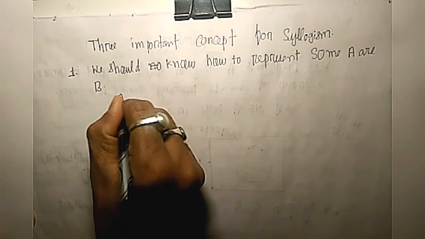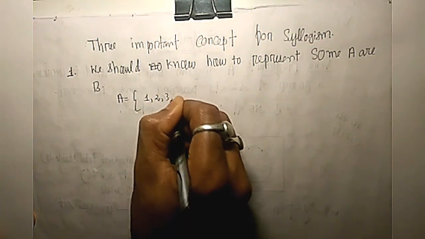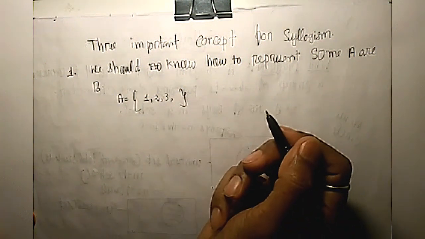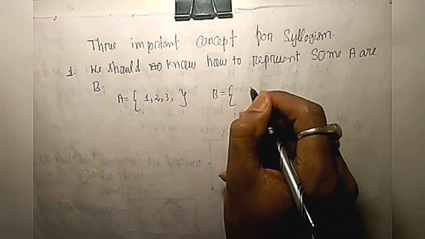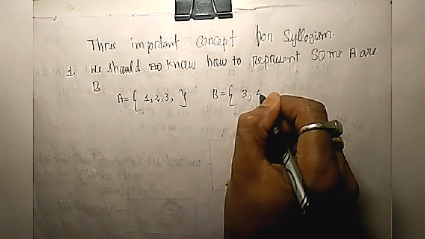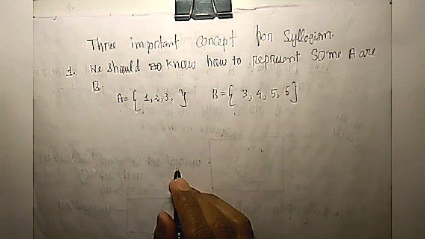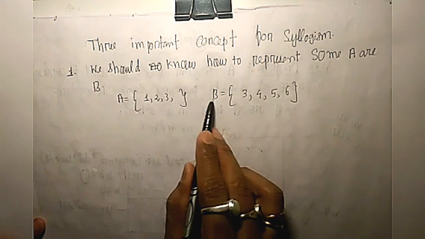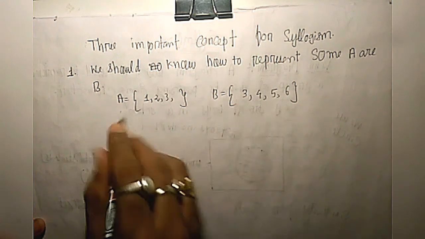For example, in this case A equals 1, 2, 3. This is a group having three elements 1, 2, 3, and B is another group containing the elements 3, 4, 5 and 6. We can see that in these two groups, 3 is the common element.